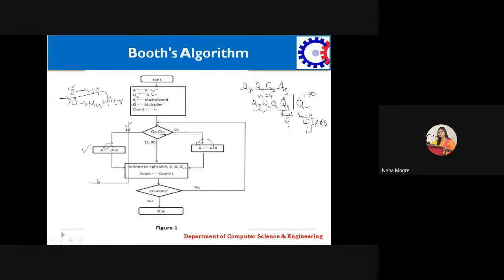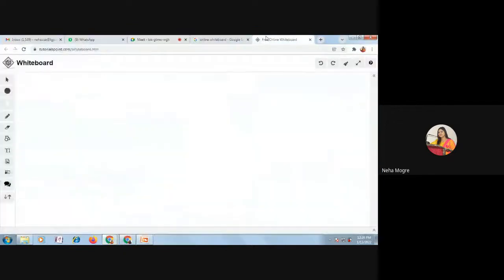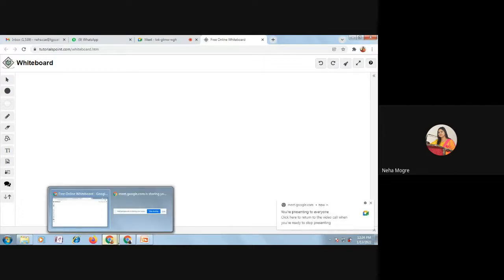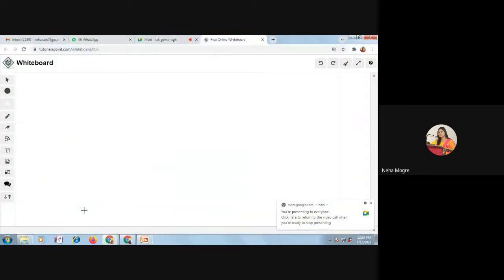So let's take an example. Now, is the whiteboard visible to everyone? Yes, ma'am. See, I'm going to draw the flow chart here very soon.